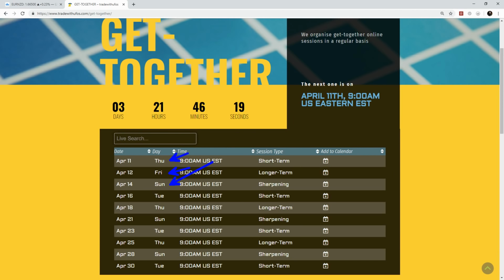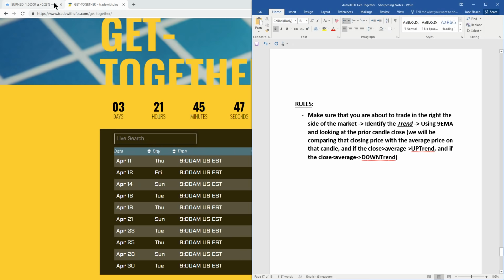So we do have Sunday next Sunday. Good, perfect. What changes is that normally we do Tuesday and Thursday, and this week, as an exception, we will not do Tuesday and Thursday. We'll do Thursday and Friday, but that's for trading, trading for short term and trading for longer term. So on Thursday I'll be applying some of the things that we learned today, and then on Sunday we'll keep going with more sharpening and more rules and more of the why the rules are the way they are and more of the details of the rules.